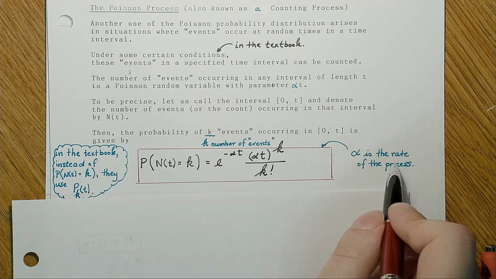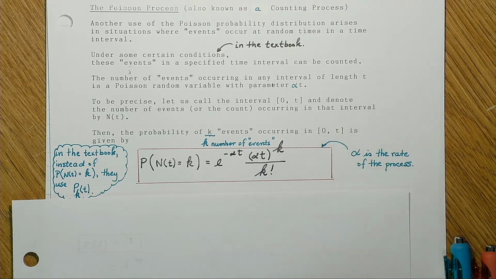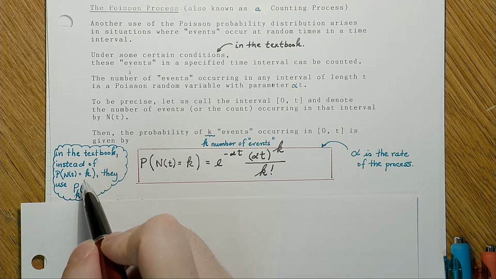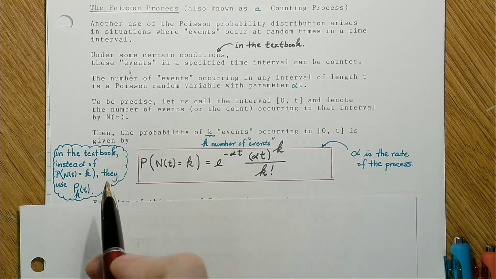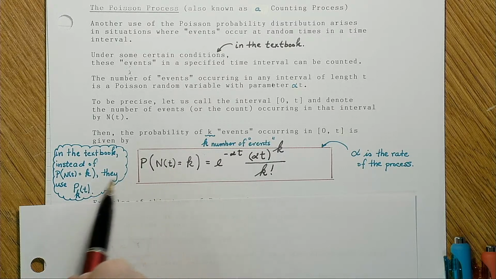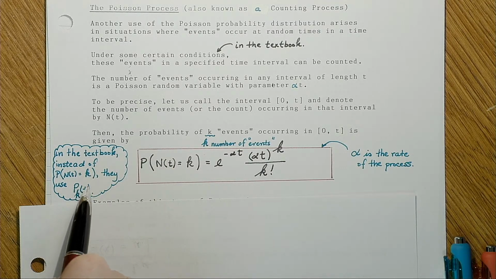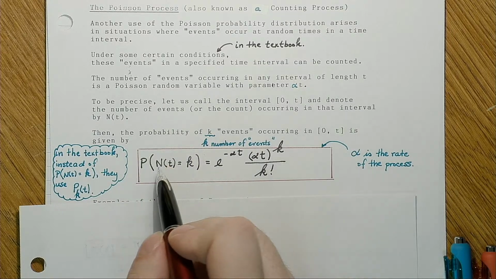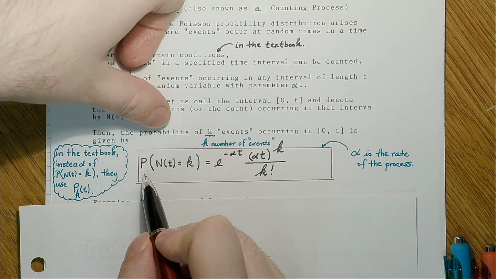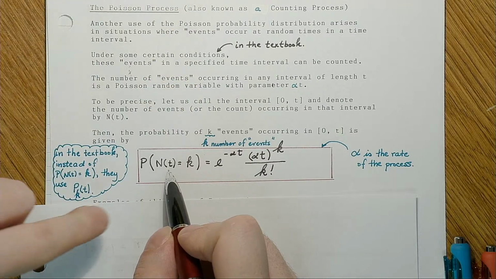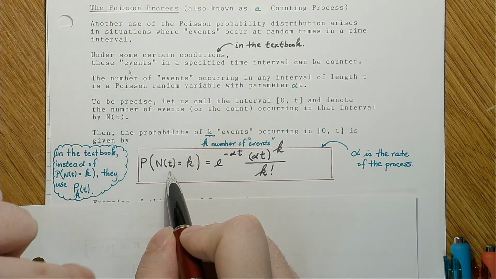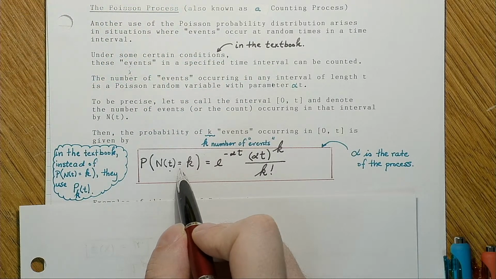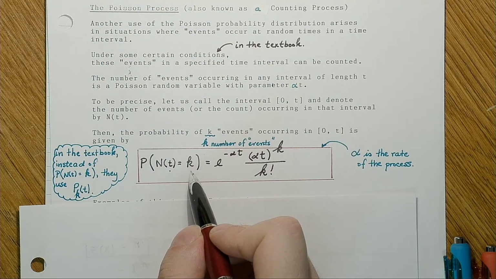So k is the number of occurrences. Now in the textbook they kind of give it a different notation, but I think this makes more sense. They use p sub k of t, but what this says is this is the probability of the number of occurrences in t, and it's going to happen k times.